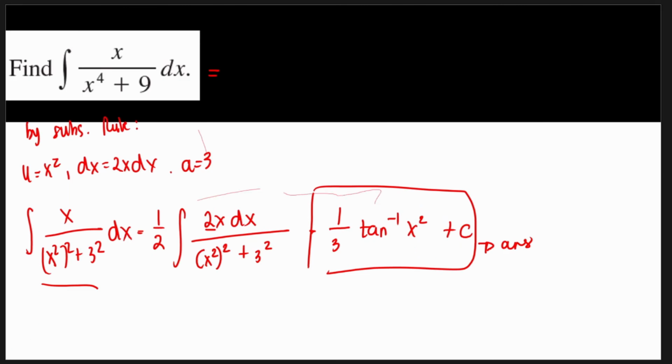So the correct value should be x over a, where our x is x squared, right? And our x squared all over the a, which is 3. So that is equivalent to 1/3 of arctangent of x squared over 3 plus c. And that is our answer.